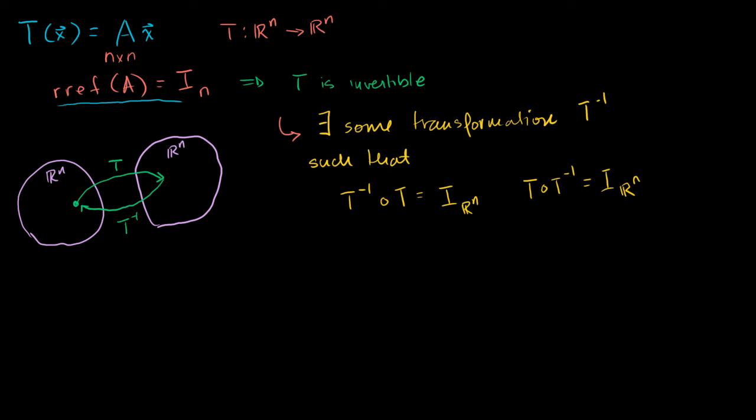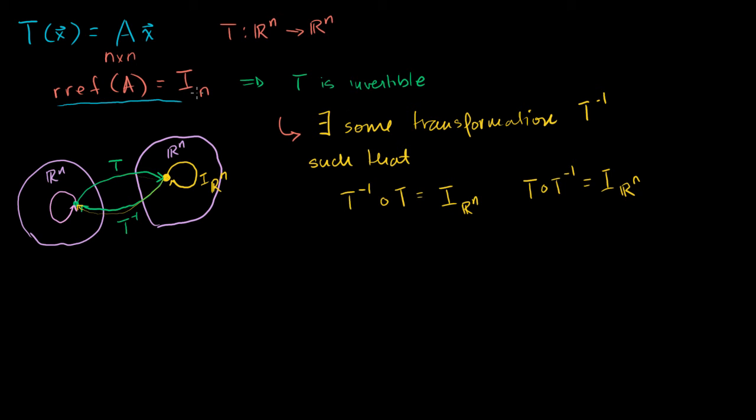It's equivalent to the identity transformation. This is saying, if you start here in your codomain and apply this inverse transformation first, then apply your transformation, you're going to go back to the same point in your codomain. So it's equivalent to the identity transformation in your codomain. It just happens to be in this case that the domain and the codomain are the same set, Rn.